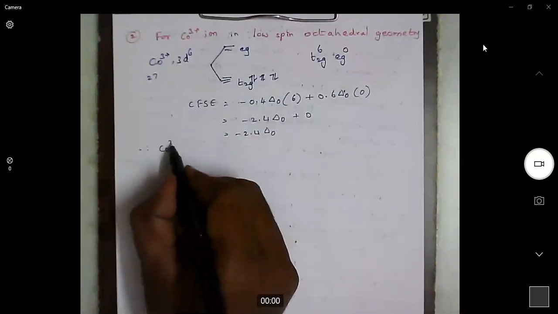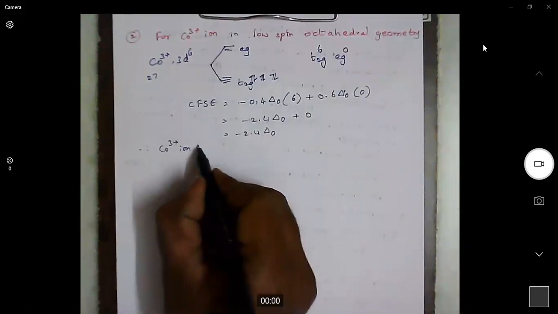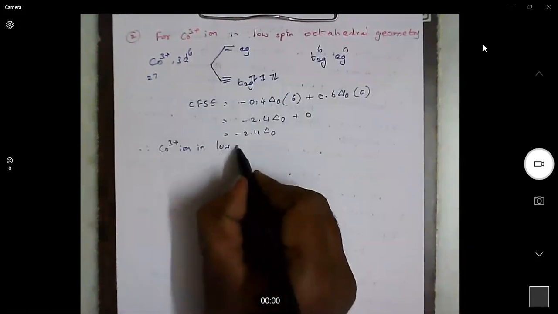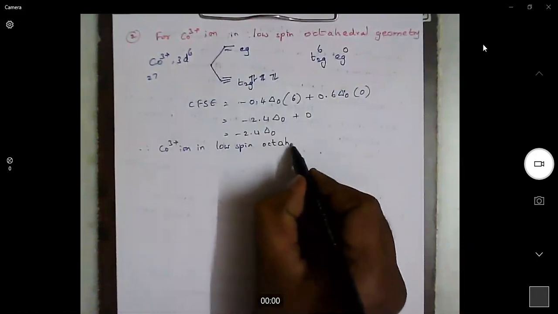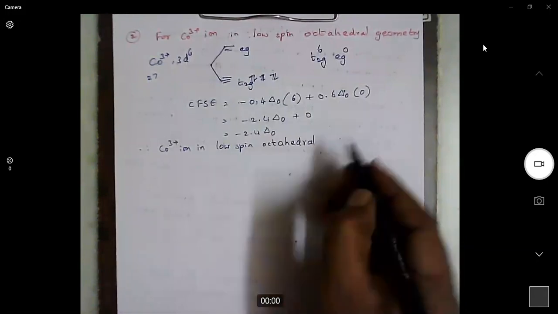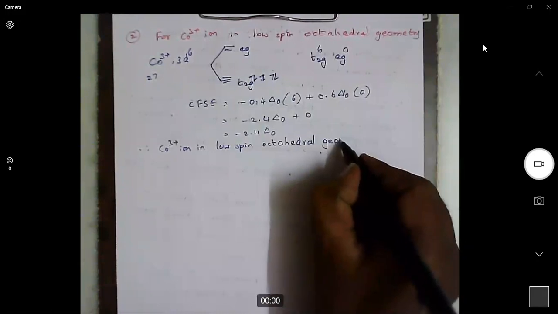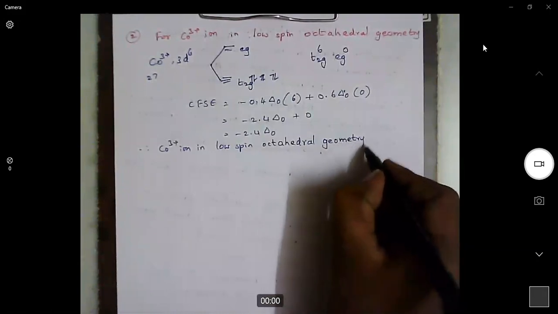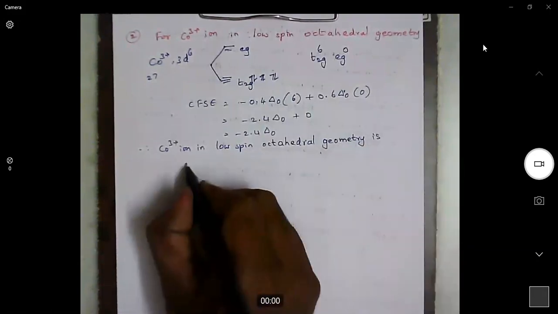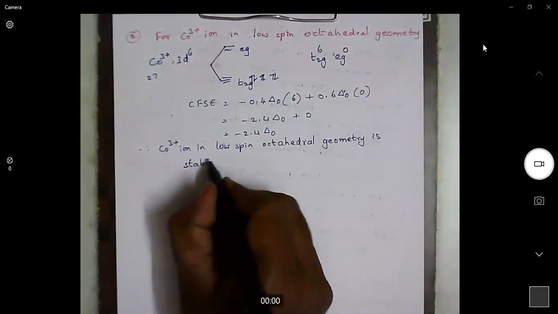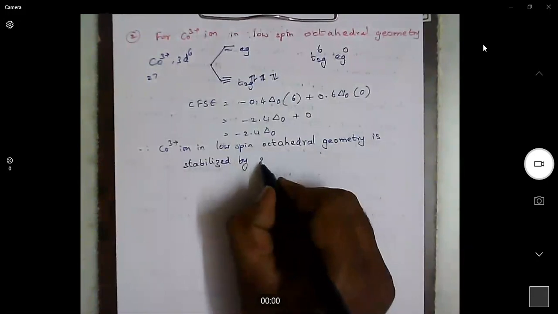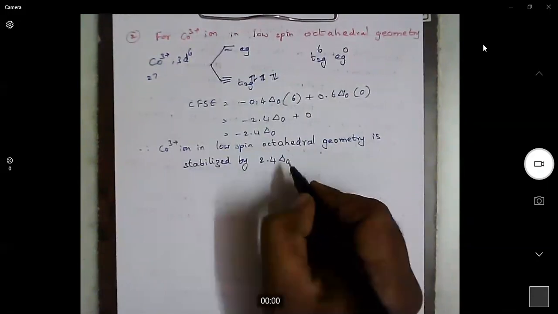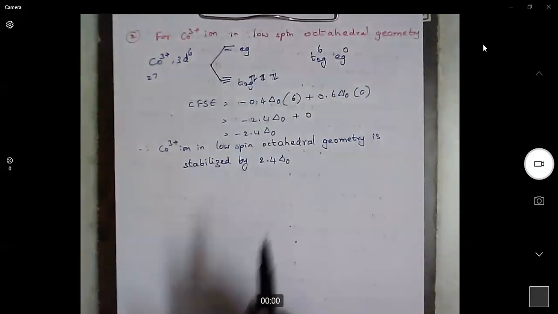Therefore, Co3+ ion in low spin octahedral geometry is stabilized by 2.4 delta naught. So it is stabilized by this much energy.